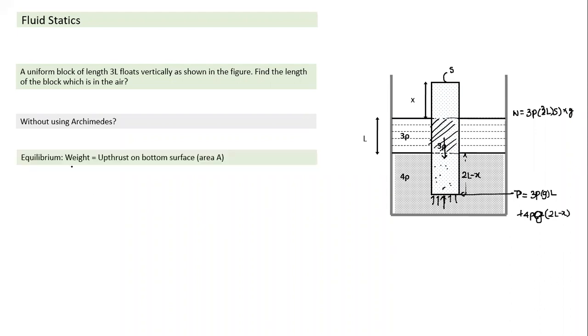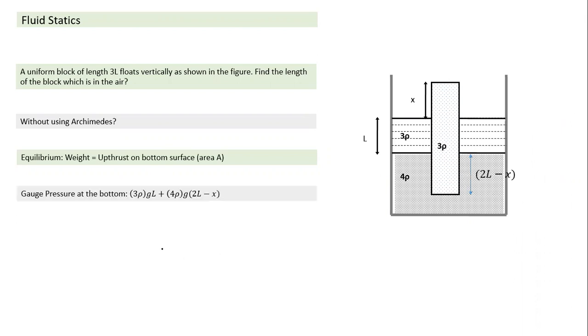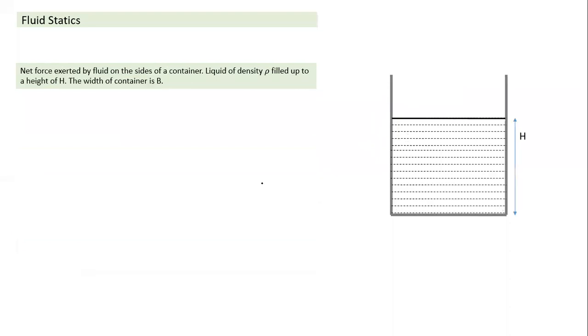In equilibrium, the weight is equal to the upward force on the bottom surface of area A. So the gauge pressure at the bottom multiplied by the area will be equal to the weight, and we can get the answer, which is L by L.